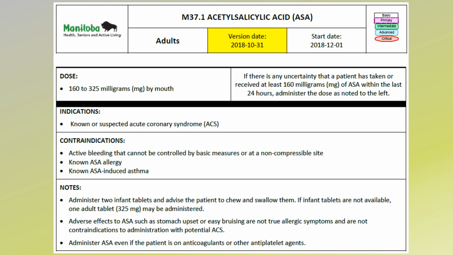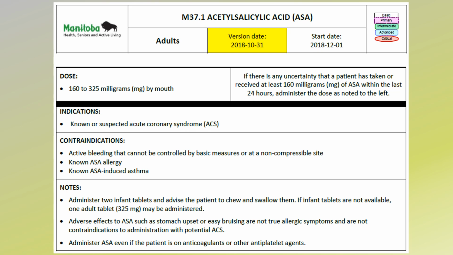ASA. Again, there is really not a lot of change, so I'm just going to draw your attention to the one thing that has in fact changed, and that's simply the dosing. As I mentioned earlier, 160 to 325, anywhere in there is within a therapeutic range, so you're okay to administer within that dosing range.